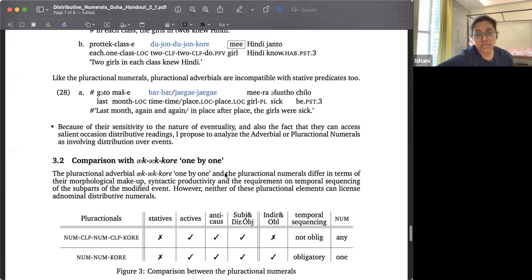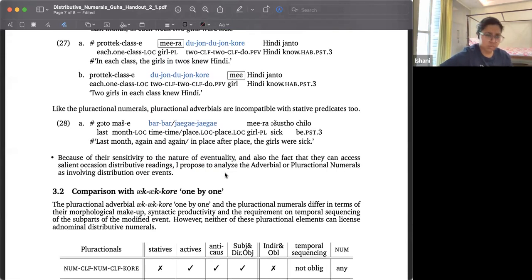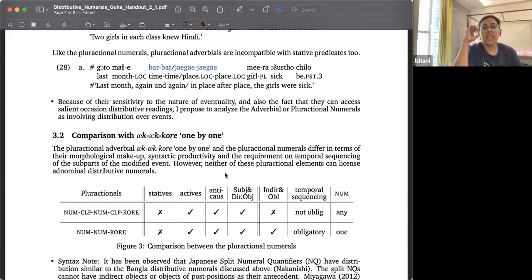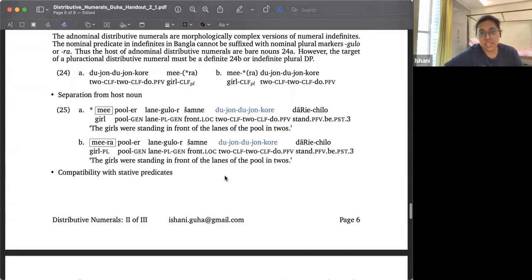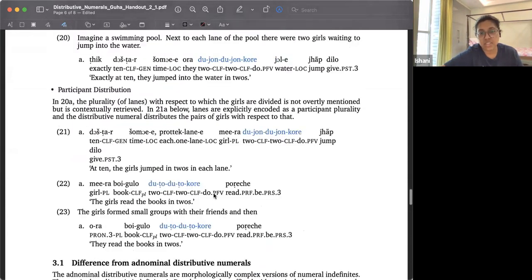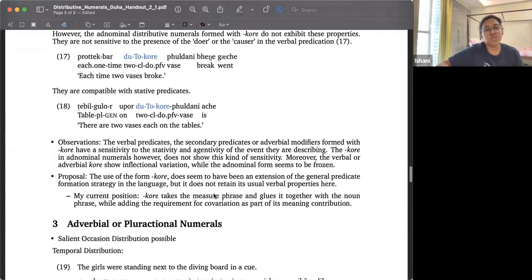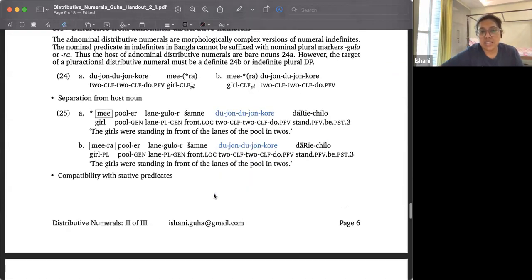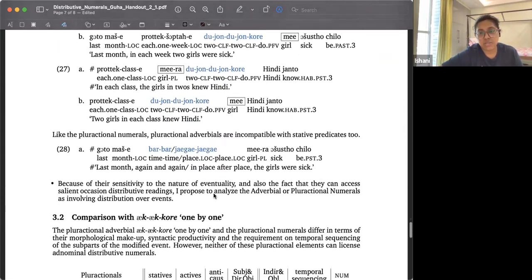Since somebody asked this question in the first class, let me tell you a bit about Aket Kore. Aket Kore is also a pluractional adverbial, 1 by 1. So I have this small table here that shows how the adverbial numerals that we have been seeing in this section, mera, dujon, kore, are similar, and the comparison with Aket Kore.